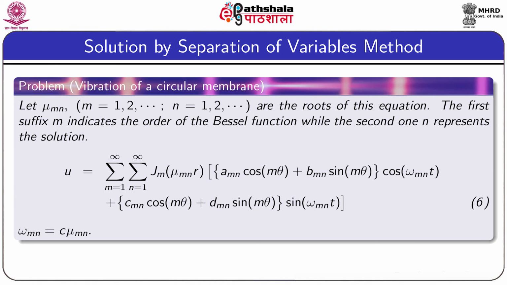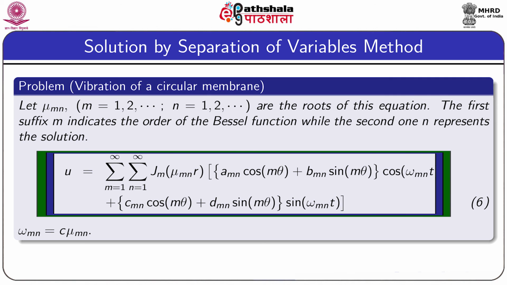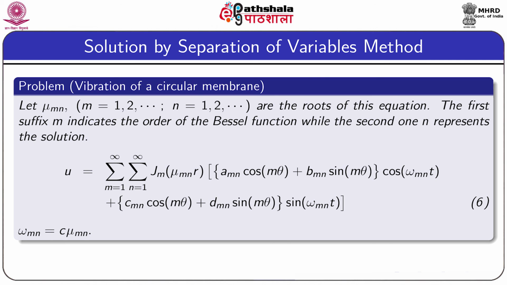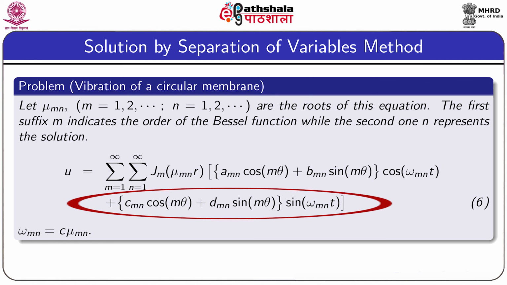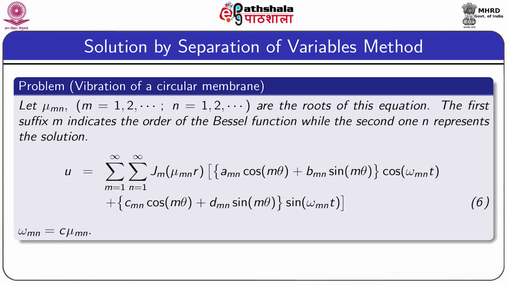Therefore, the solution can be written in the form u equals the sum over m, sum over n, J m mu mn r into (a mn cos m theta plus b mn sin m theta) into cos omega mn t plus (c mn cos m theta plus d mn sin m theta) into sin omega mn t, where omega mn equals c into mu mn.